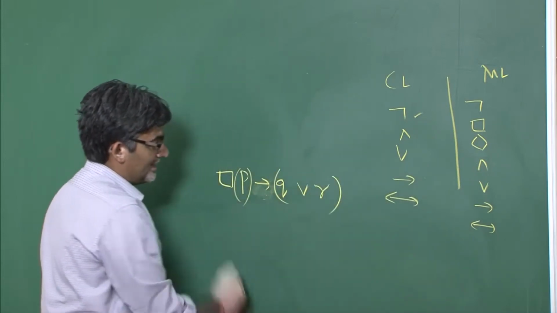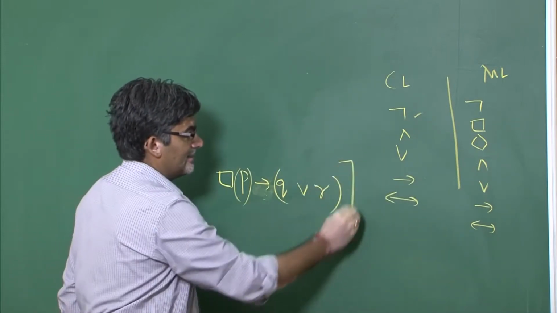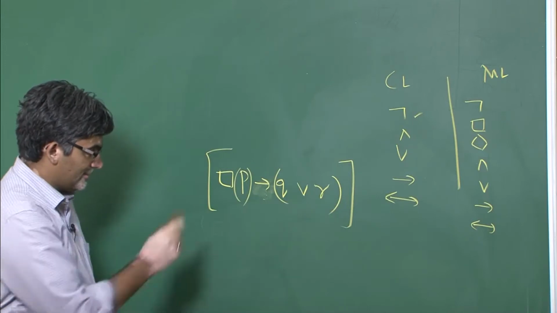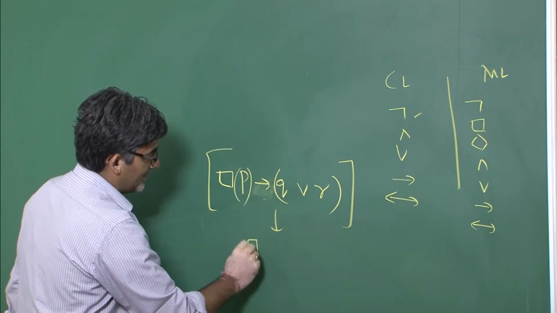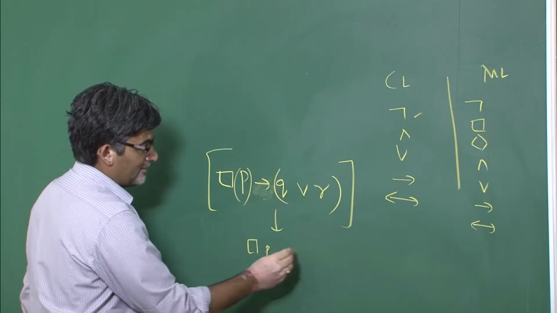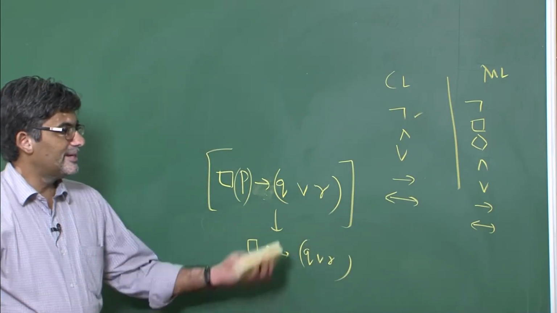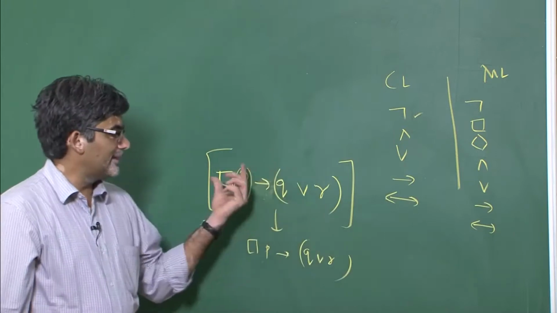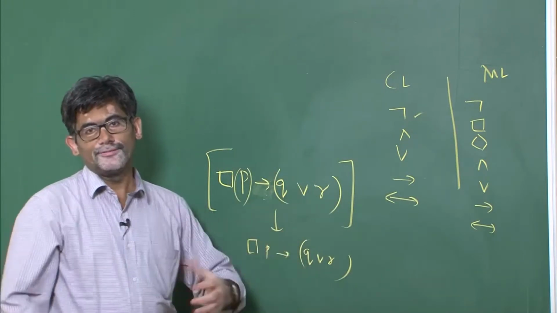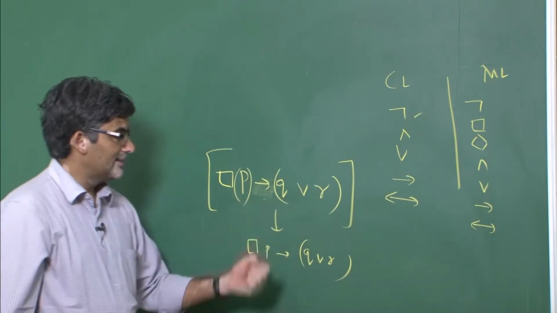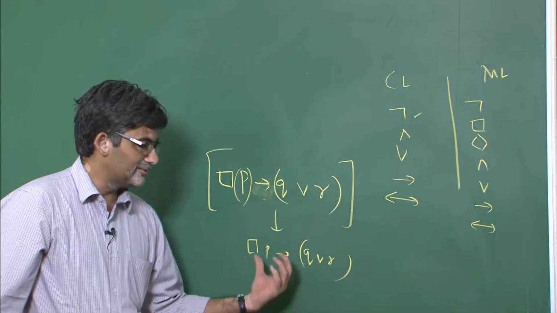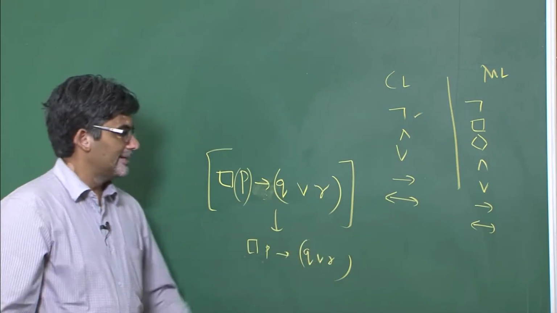So, you put a bracket here and close it there. Now this sentence needs to be read as: necessity of P implies Q or R. In that way, if parentheses are not given, we follow some kind of convention, and using that convention you will come to read the formulas in a better way.